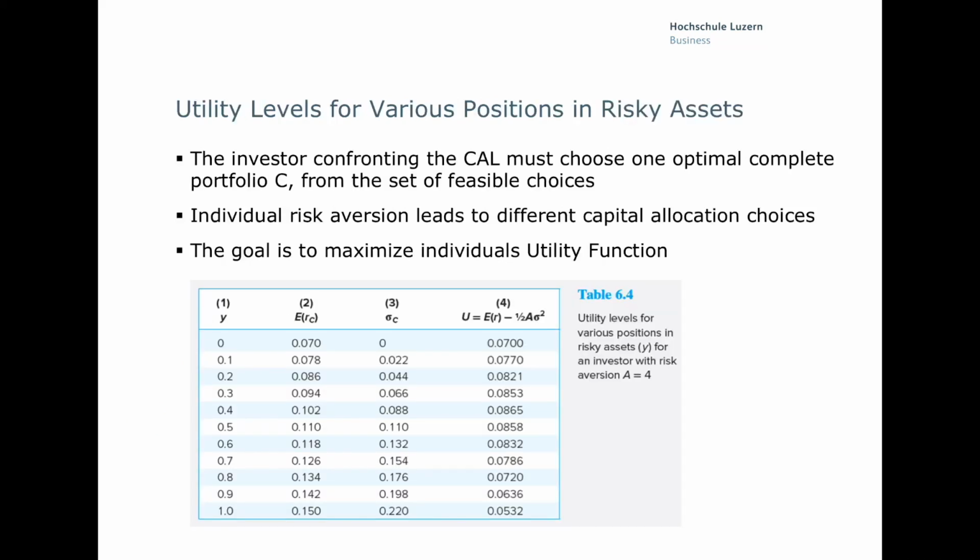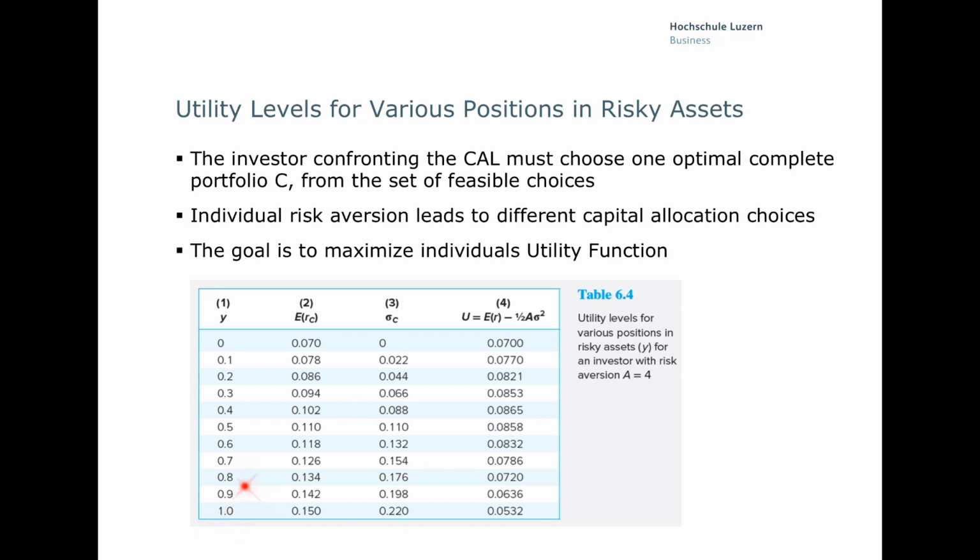Utility levels for various positions in risky assets. We have shown how to find the capital allocation line, the graph of all feasible risk-return combinations available for capital allocation. The investor confronting the capital allocation line now must choose one optimal complete portfolio C from the set of feasible choices.